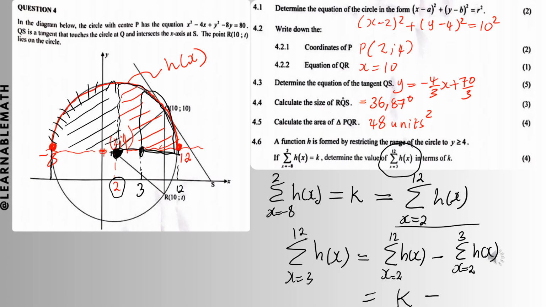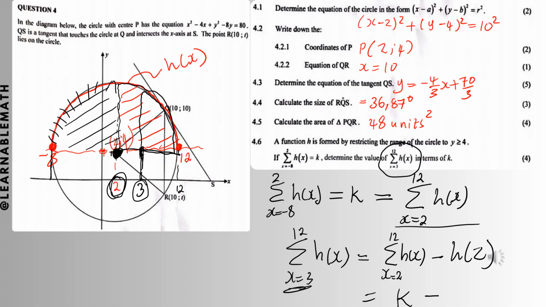So basically this will be the same as removing h of 2. Because this one is starting at 3, we need to know the one starting at 3, so we remove this part. So this will just be minus h of 2, because the other one is from 3 to 12. So I'm removing h of 2 so that I know what is that one from 3 to 12. Okay, so that's the idea there.